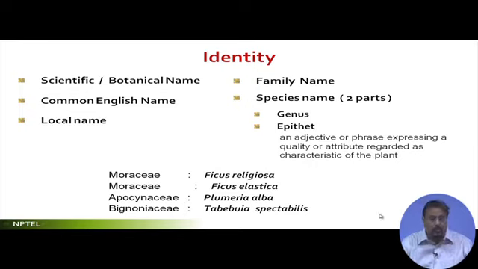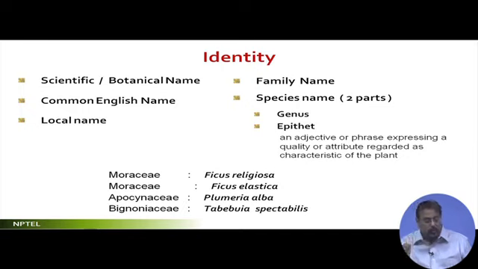Now when it comes to its other option, the Tabebuia rosea, there is a tree which looks very dissimilar to the Tabebuia spectabilis, very large tree, very tall tree, quite organized. Tabebuia spectabilis will be slightly contorted. Tabebuia rosea is very straight, erect and wide, and it has pinkish, or rosy means pinkish, flower, okay.